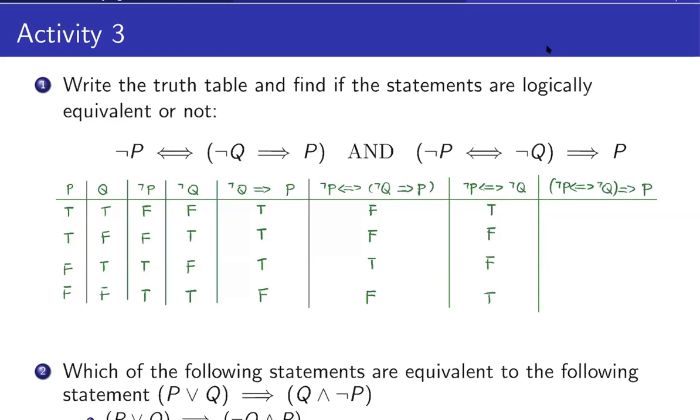Now lastly, we have this implies this. So true implies true is true, false implies true is true, false implies false is true, true implies false is false. All right, so now let's compare those two columns.